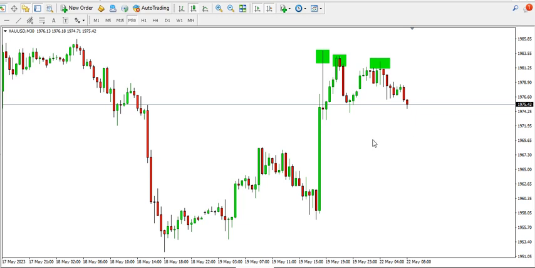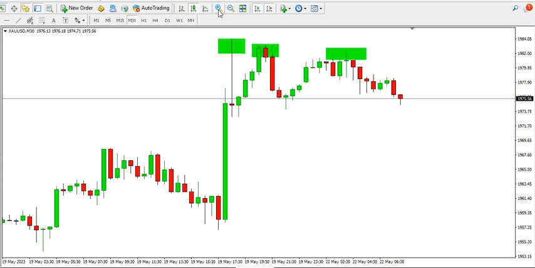So if you are buying gold, be cautious at this moment. We can see something like this, and something like this. You might want to wait for a possible breakout of this triangle before you take your position.